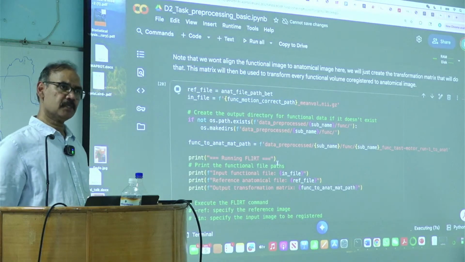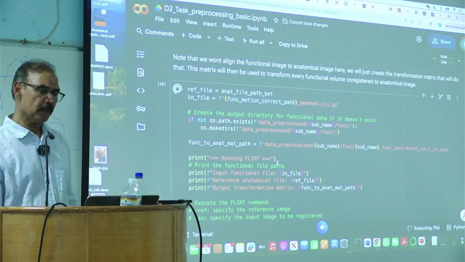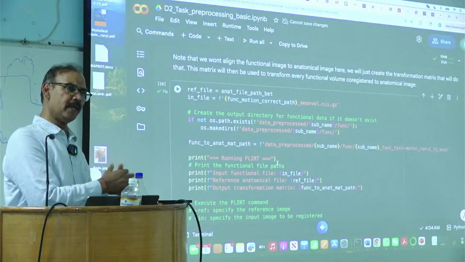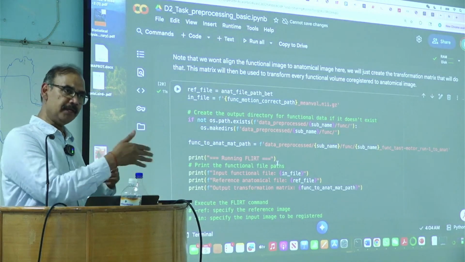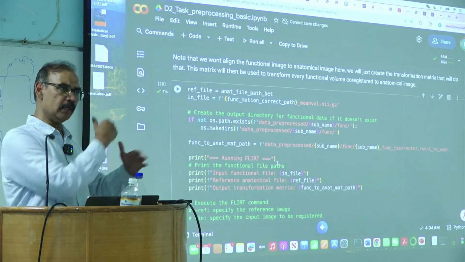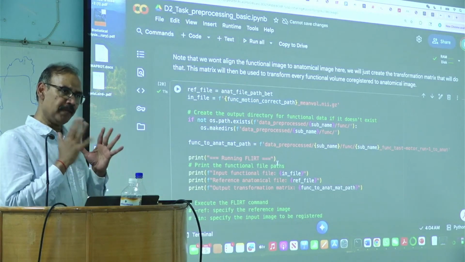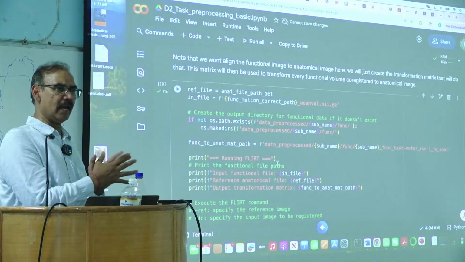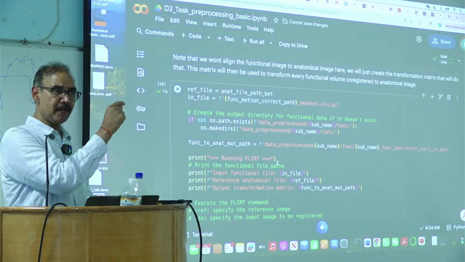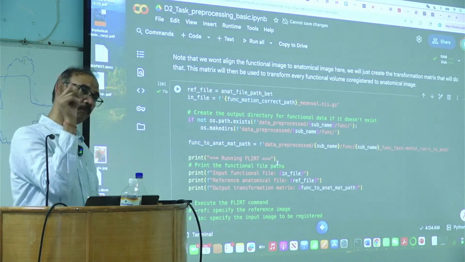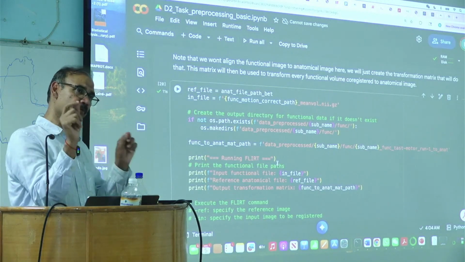This process is called registration, such that between two images, either in time or between different images, they are fully aligned, so that if I clicked on one brain region, then for the other image, it would be the same.